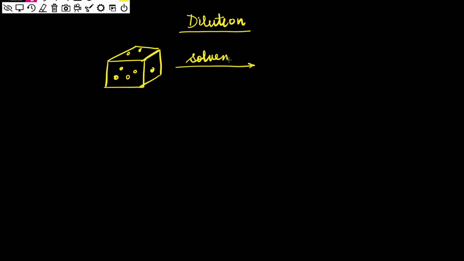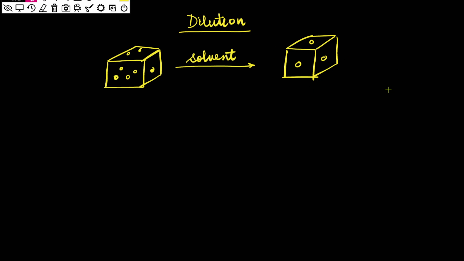Upon the addition of solvent, the solvent particles will also occupy this space, and because of which in the same area there will now be fewer solute particles available. So this time only, let's say, 3 solute particles are available. So here the number of solute particles decreased, and this is what we call dilution.